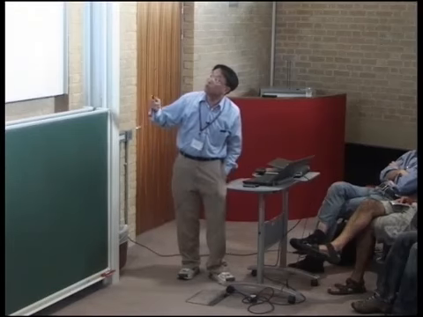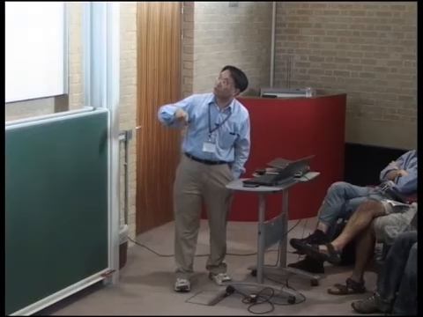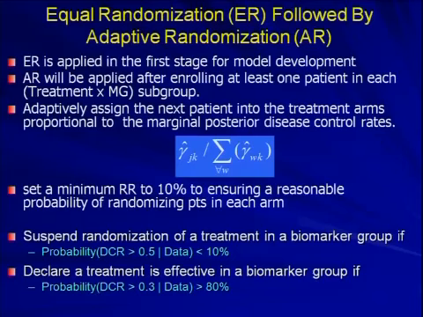As I told you, initially we will do equal randomization, then we will do the adaptive randomization afterwards. The way we do adaptive randomization is proportional to the marginal posterior disease control rate. So we just get the posterior estimates of the disease control rate for that subgroup. Suppose this patient is in marker group 2.